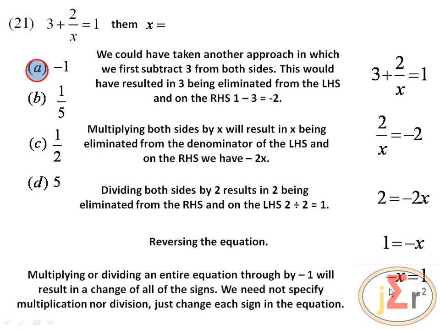All we need to do is change each sign, and that will be equivalent to either multiplying or dividing by a negative 1. So by doing that, we have x is equal to negative 1, confirming that option A is correct.